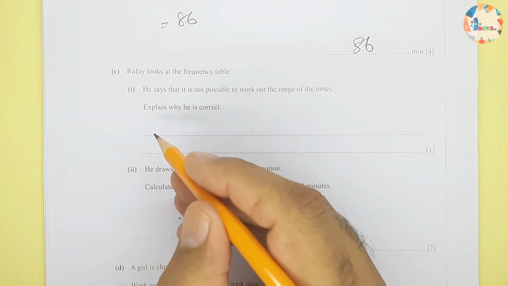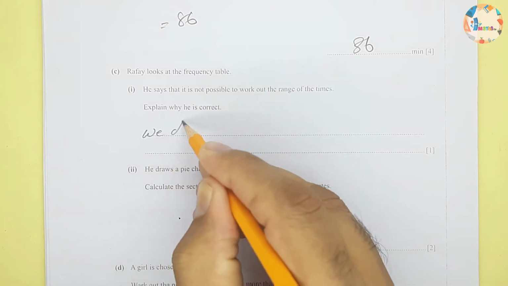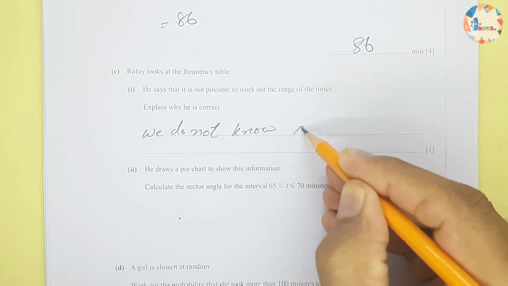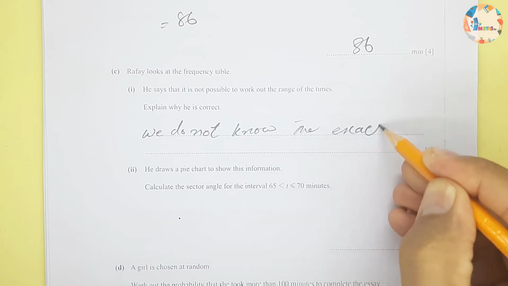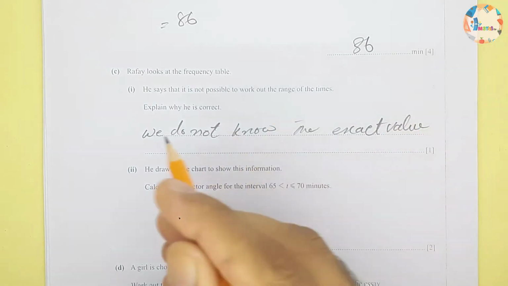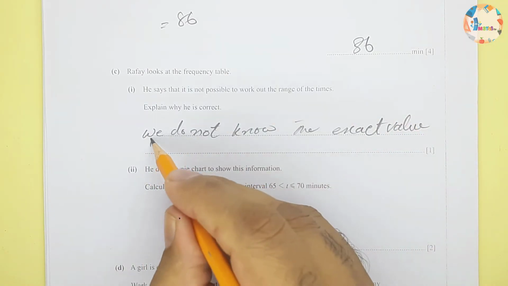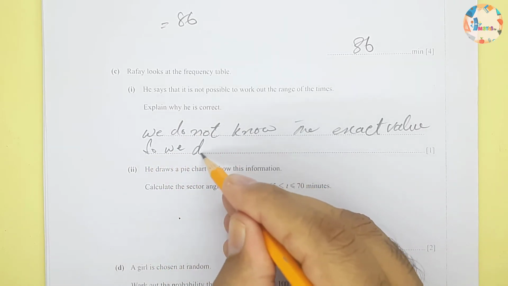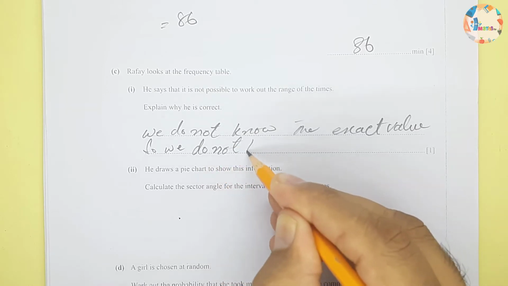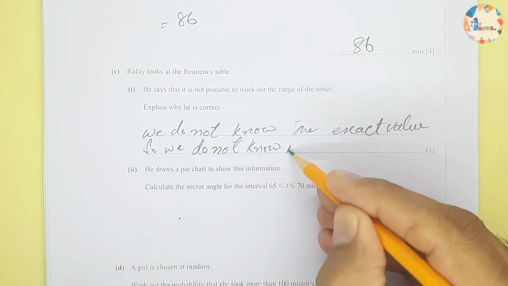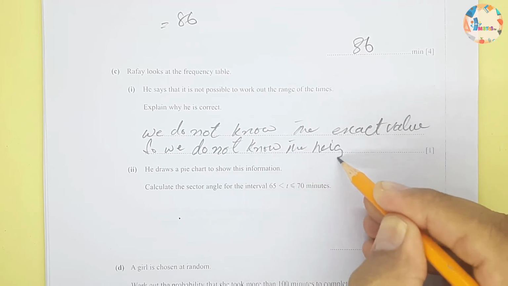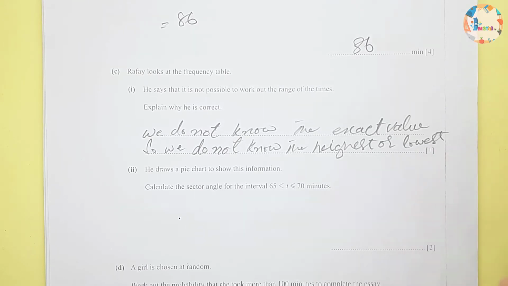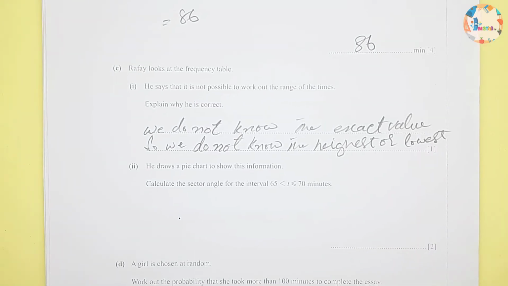So we can write here: we do not know the exact values, so we do not know the highest or lowest. So this will be our explanation for this one.